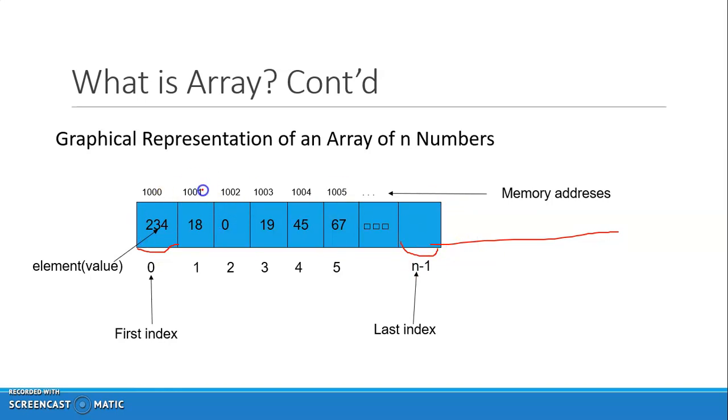So the important things that we should know from this representation of our array is that the numbers inside here are the actual values that we give to our variables. And we have the addresses here.